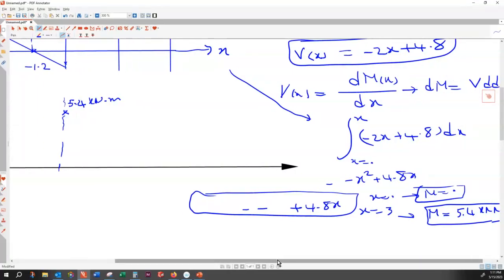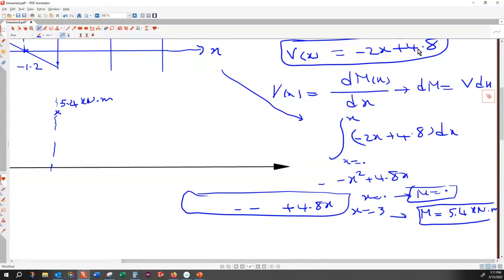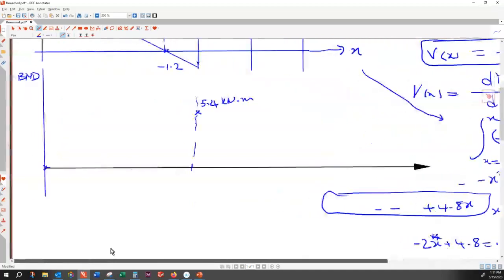Simply, I set this equal to 0 and find the location x star. That is minus 2x star plus 4.8 equal to 0. That gives me x equal to 2.4 meter.